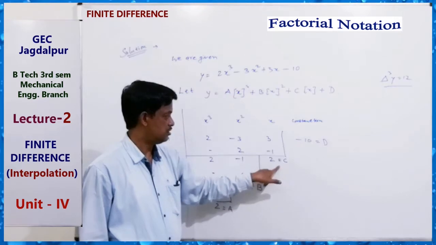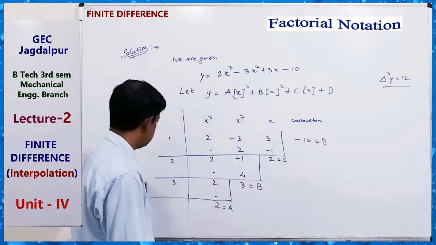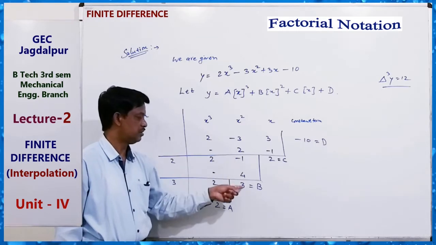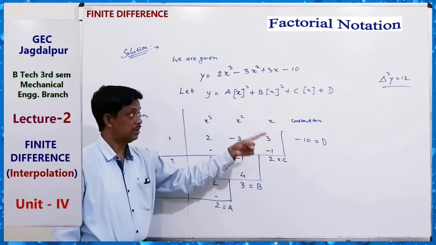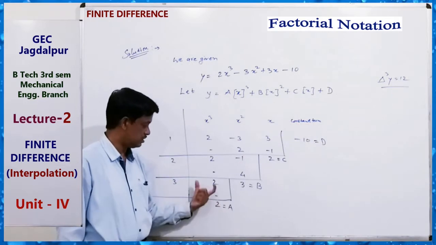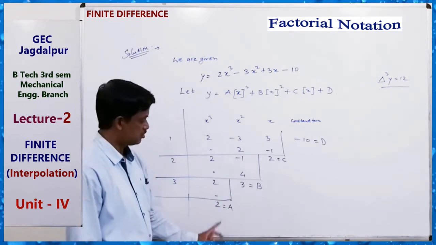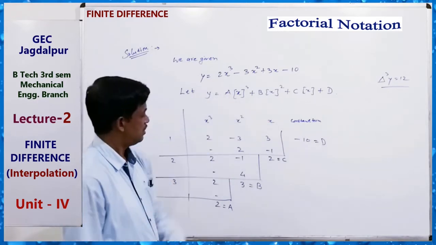So this is D, and this is C. Now take this portion. 2 carry over, 2 into 2, 4, put here, sum it, 3, this is B. Then C, D, and just one term remaining, 2 carry over, 2 is A. So A, B, C, D are these.